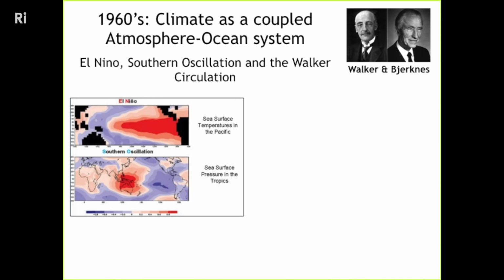And it was really only in the 1960s, when we get to Bjerknes, that we begin to start to understand things. What Bjerknes highlighted was that there is a relationship between the Southern Oscillation that Walker identified through correlations and the intermittent warming of the tropical East Pacific, what we now know as El Niño, that they are closely linked, that the climate is actually a coupled atmosphere-ocean system.